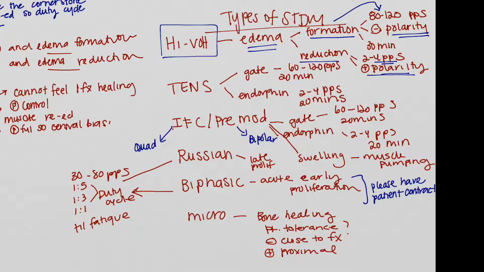Our next group of modalities are what I call the pain-reducing modalities, and that would be TENS, IFC, and PREMOD. For TENS, I really like the portability of it, right? It's extremely portable. Patient can take it home, wear it all the time if they so choose to do so. So I really like the portable nature of it. The reality is, though, it's not a powerful device.